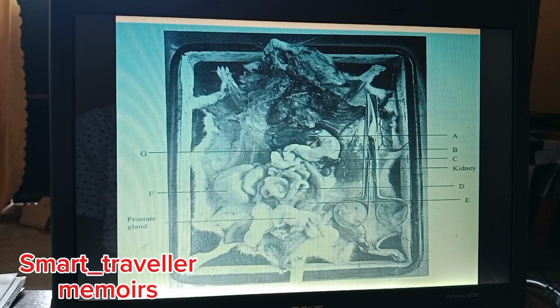All of these can be seen. The parts G, F, and prostate gland are on the left, and you can very clearly see the rib bones touching the structures. A, B, C, kidney, D, and E are on the right when you are facing the video.